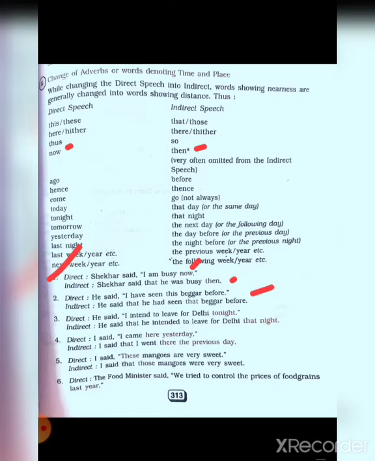He said, I have seen this beggar before. He said that he had seen that beggar before. So this will change into that.